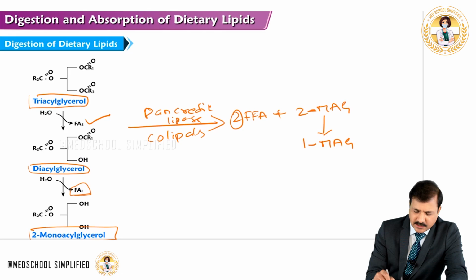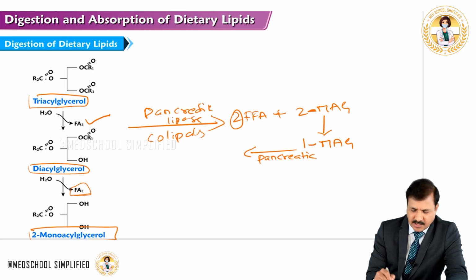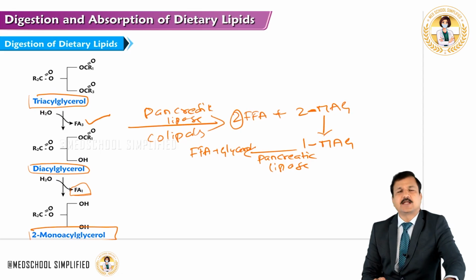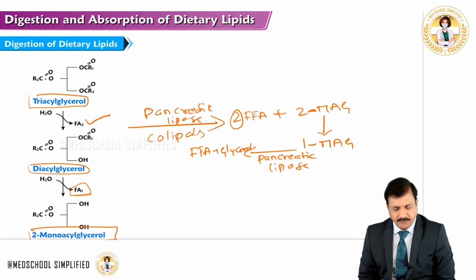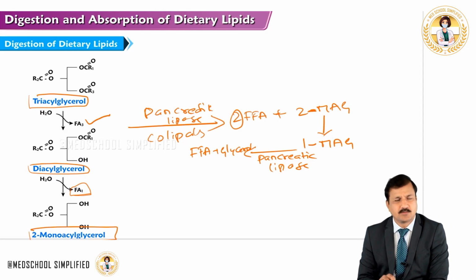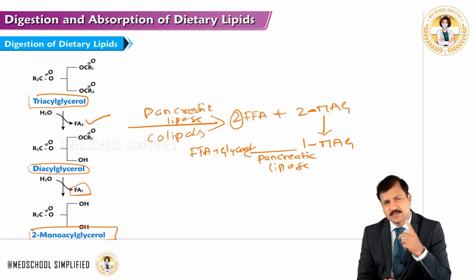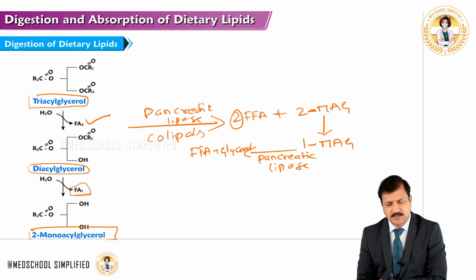Now this 1-monoacylglycerol can be acted on by pancreatic lipase, because pancreatic lipase can break the fatty acid attached to the first carbon. So, we are going to get a free fatty acid plus a glycerol molecule. That's how triacylglycerol can be completely degraded into 3 free fatty acids and a glycerol molecule. That's one fate of it. The second fate can be 2 free fatty acids and 1 2-monoacylglycerol molecule.